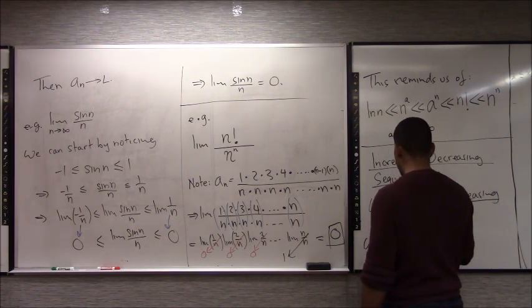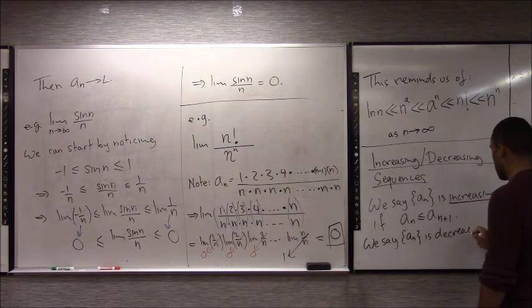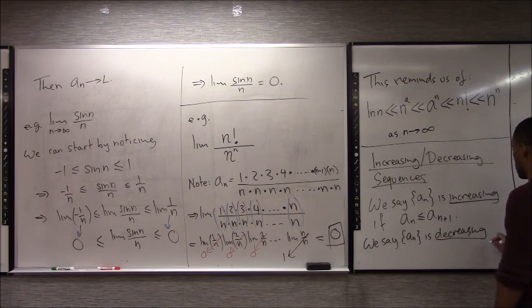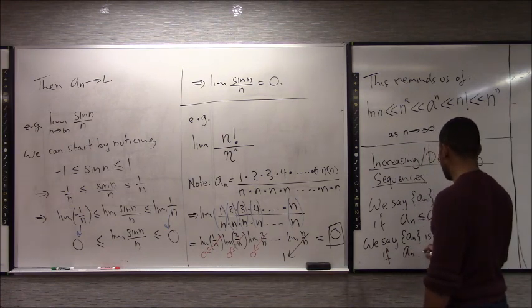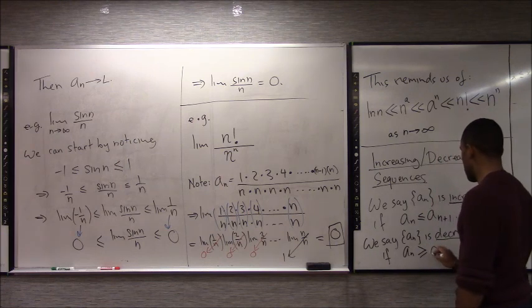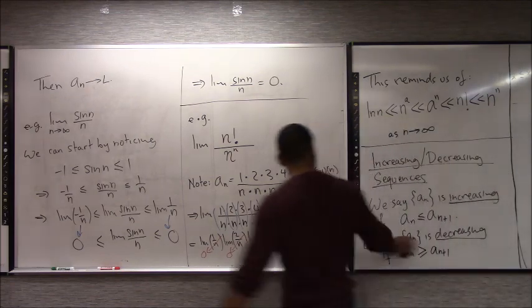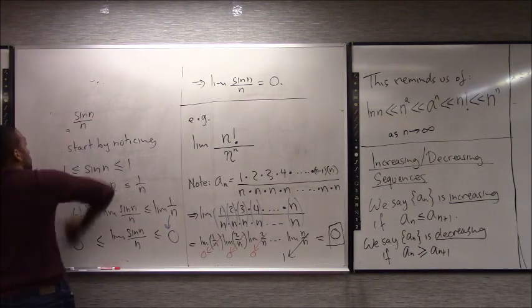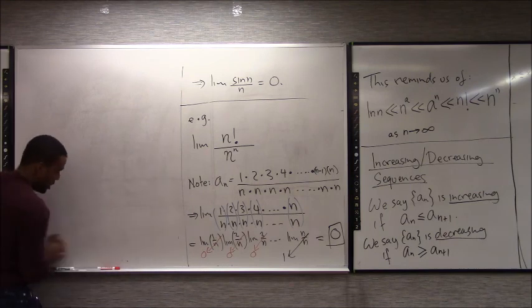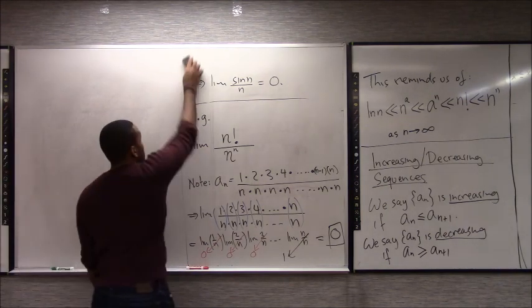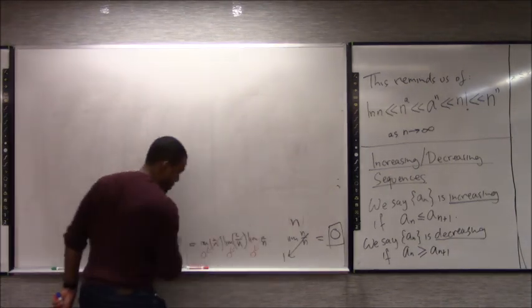We say AN is decreasing if each new term is smaller than the previous term. And so you can either show that a sequence is increasing or decreasing, like are the outputs getting larger or smaller as a whole, by figuring out that.